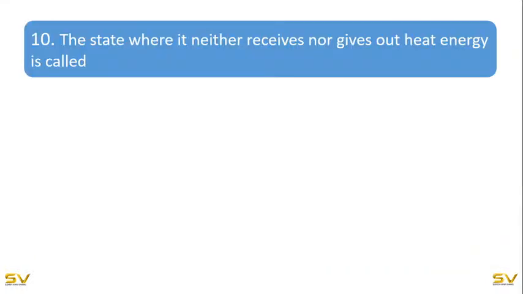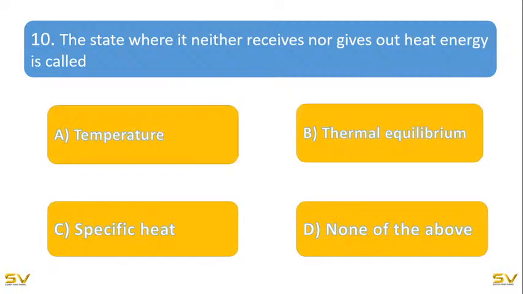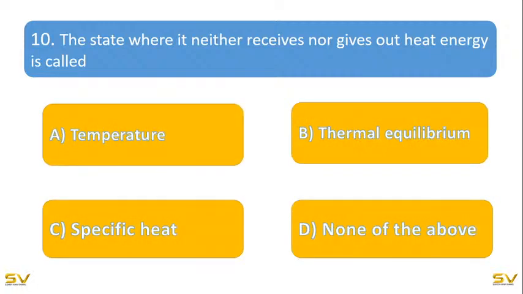Now coming to the next question, the state where it neither receives nor gives out heat energy. Where heat is neither received nor given, that state, what do we call it? Is it temperature? Is it thermal equilibrium? Is it specific heat?